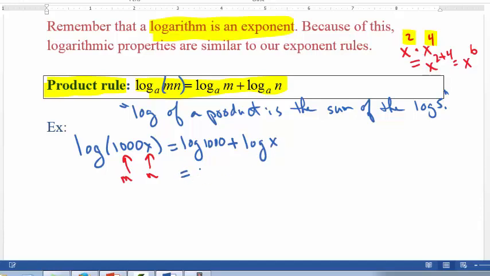But the nice thing about this situation is that the log of 1000 is exact. It's just 3, because 10 to the third is 1000. So this is 3 plus the log of x. So you can write the log of 1000x as 3 plus the log of x. It's a pretty straightforward rule.